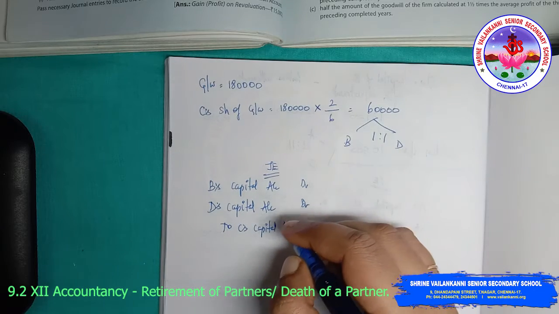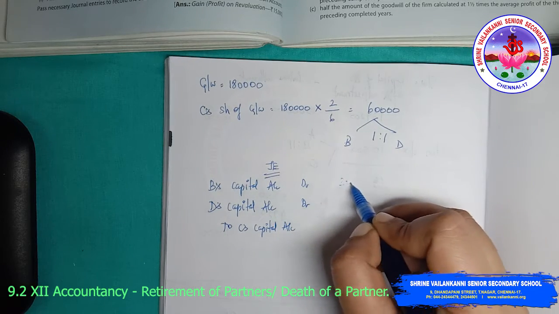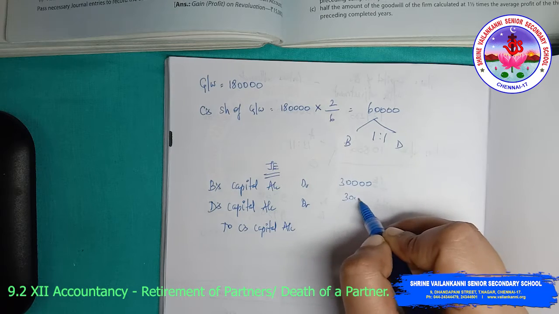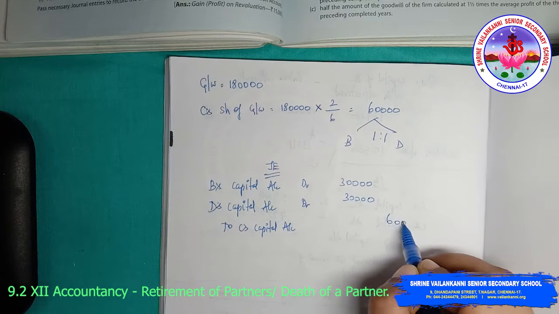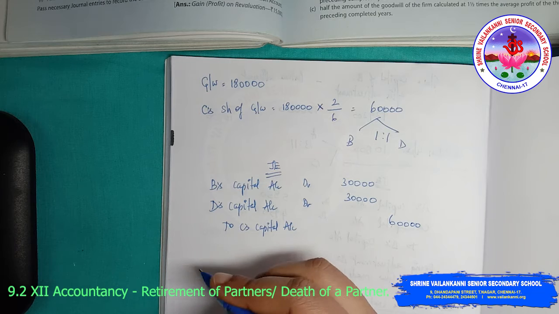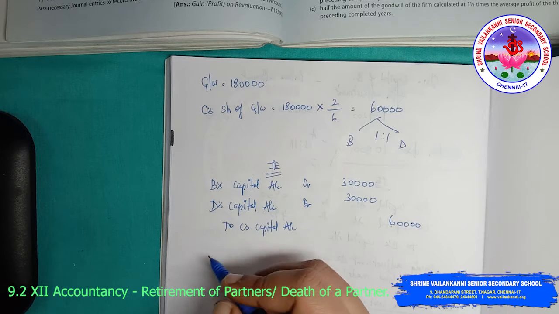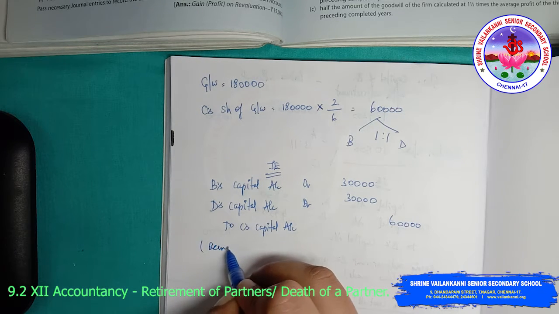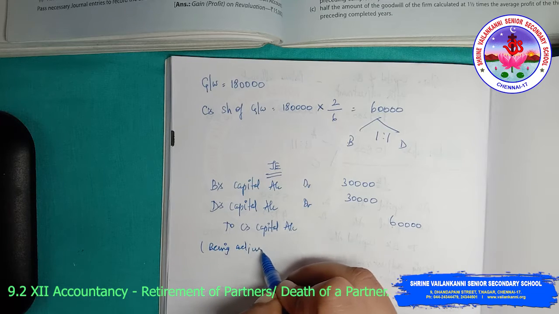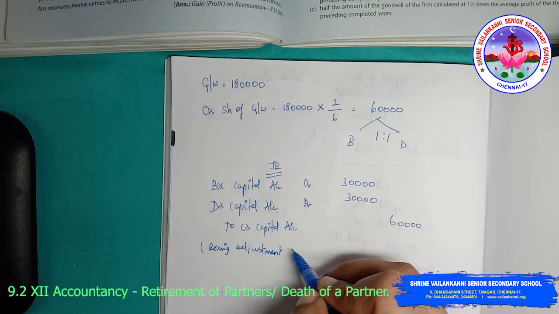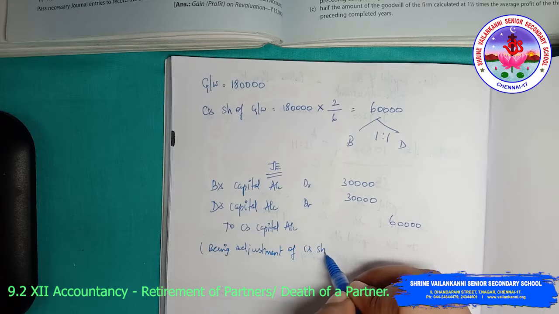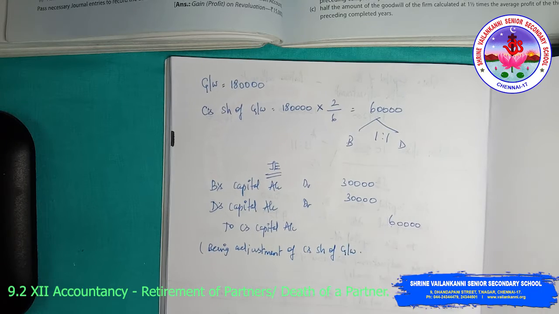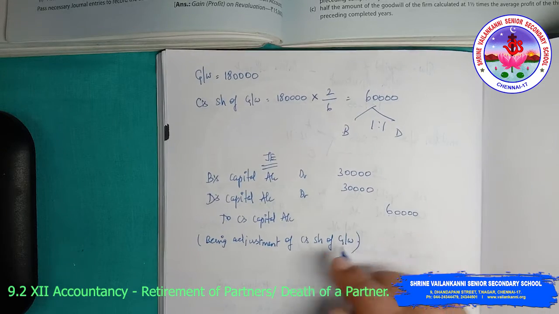So B's capital account 30,000, D's capital account 30,000, and C's capital account 60,000. Being adjustment of C's share of goodwill. Okay, so this is the entry.